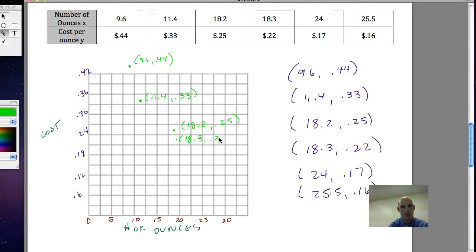Then we get to 24, which is right before 25, and 0.17. Hopefully you're following along with me. And 25.5 and 0.16, which is here.